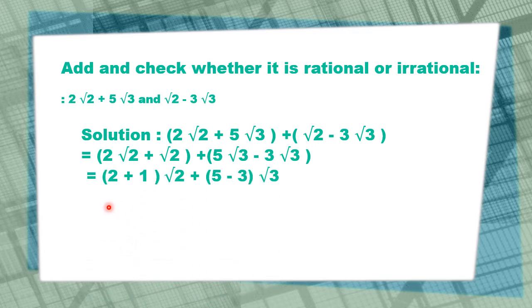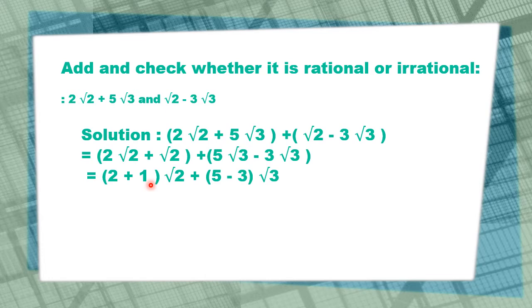Here you can see that we have taken root 2 outside the parenthesis. What remains in the parenthesis? Parenthesis means bracket. So 2 remains from the first term, and here you cannot see any number. When you don't see any number, what is it?